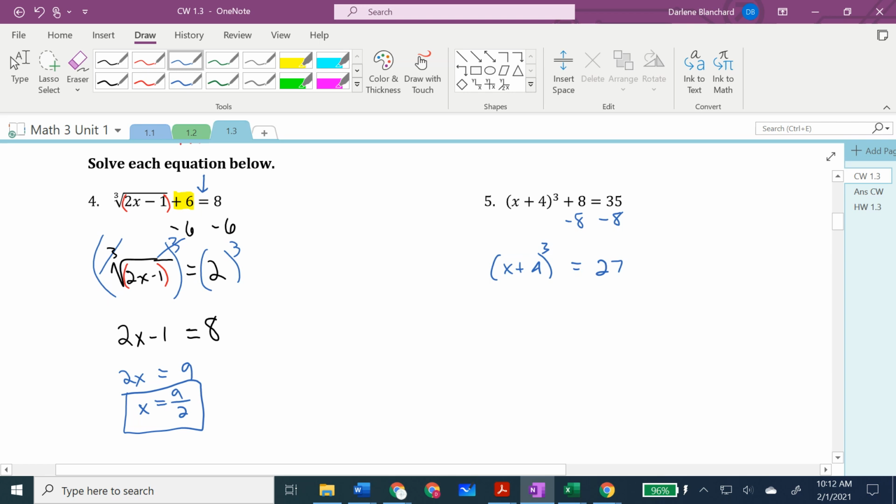And now I need to undo cube with its opposite operation, cube root. That causes these to cancel. And then when you're taking a cube root, you're asking what number can I multiply 3 times to get that?